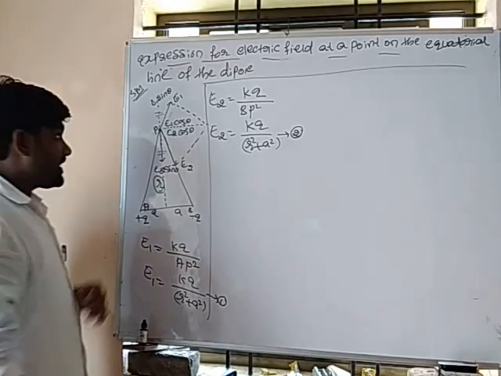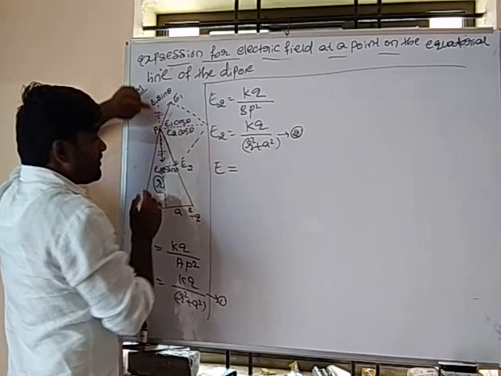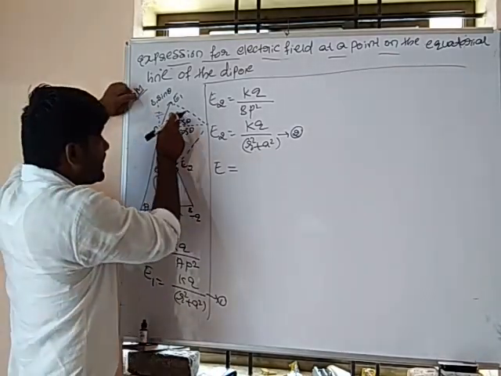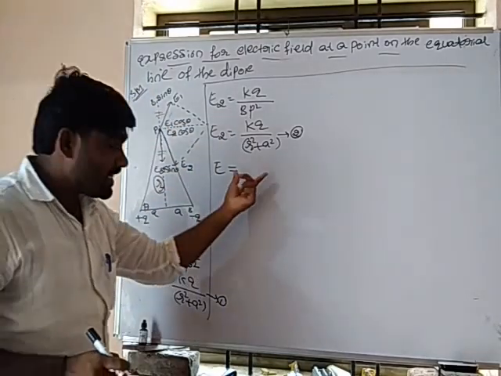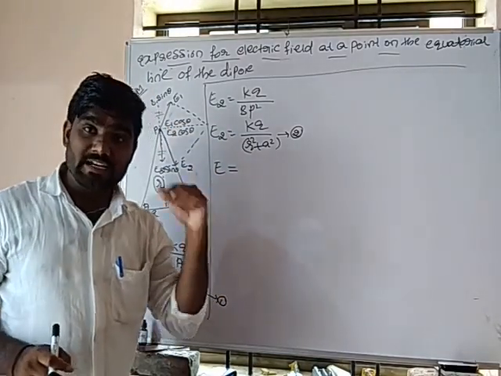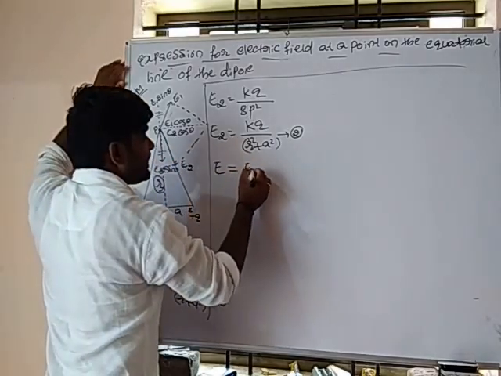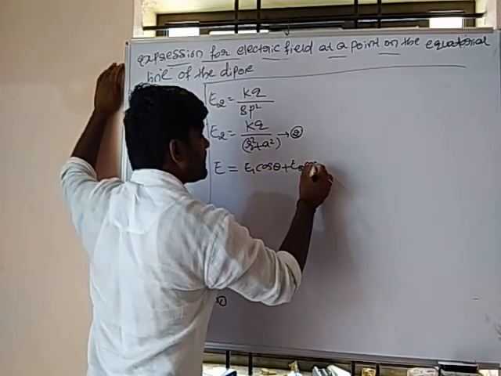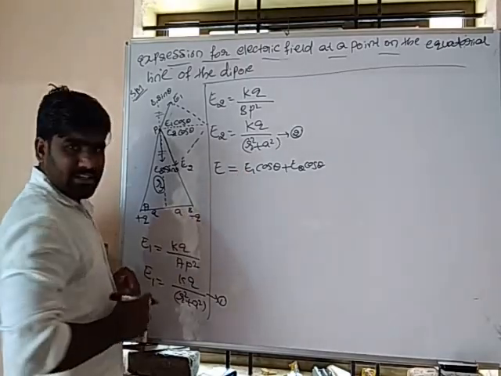But to calculate E at this point, one more component is there. What is that component? E1 cos theta plus E2 cos theta. Don't write E1 plus E2 here; instead, just write E1 cos theta plus E2 cos theta. It is very important here. See here, E1 is equal to E2.